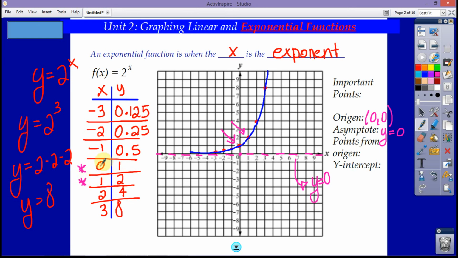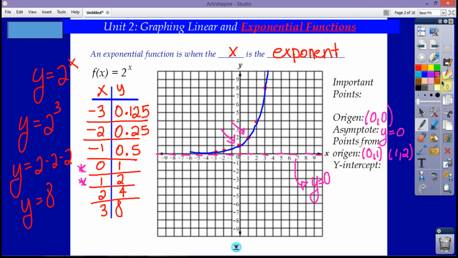So when you plug in 0 and when you plug in 1, you're doing this too. So points from origin, first 2. That will be 0, 1. And the second one is 1, 2. So again, when it's asking you for the points from origin, it's going to be the first 2 that you plot starting from the 0, which are these 2. The one when you put in 0 and when you put in a 1.